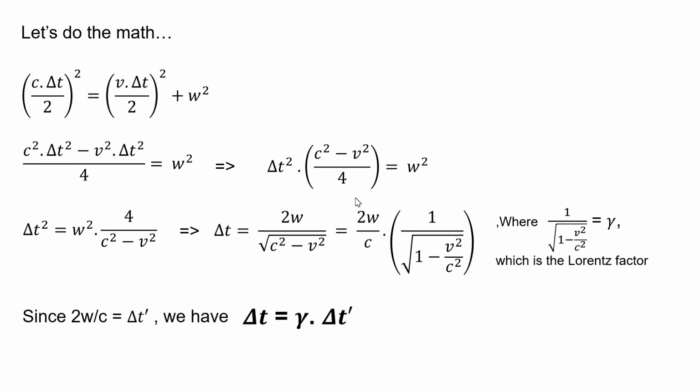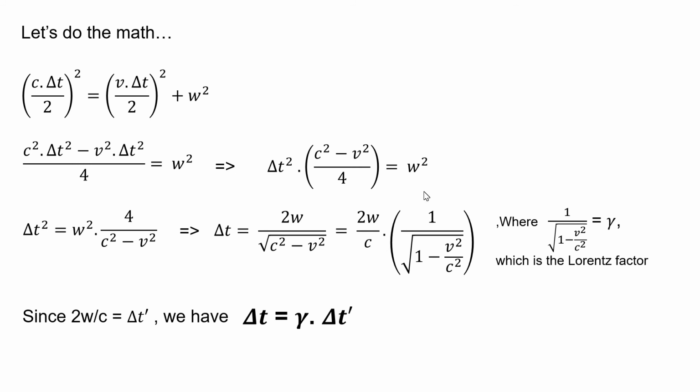And there we have it. Since we have already proven that 2w over c equals delta t prime, which is for the observer A in the train, we have come to a relationship between the time experienced by observer B and the time experienced by observer A in the train. And that relation is gamma.